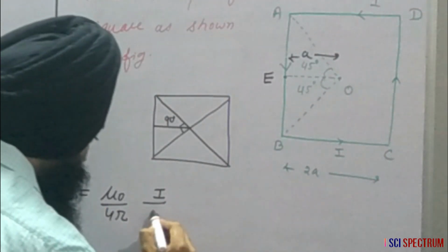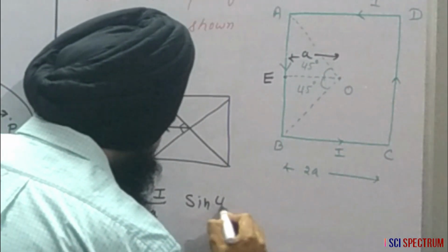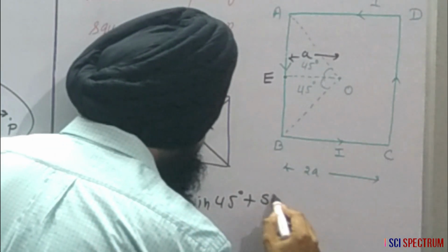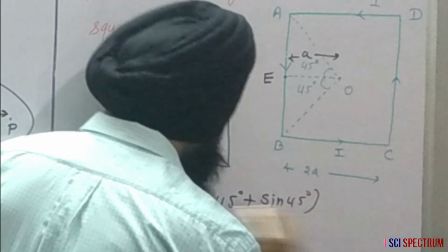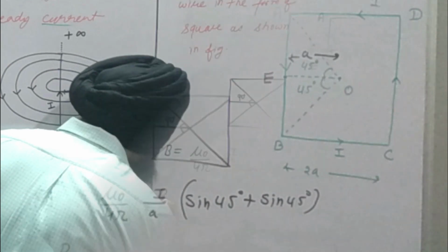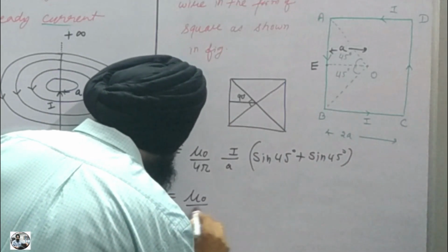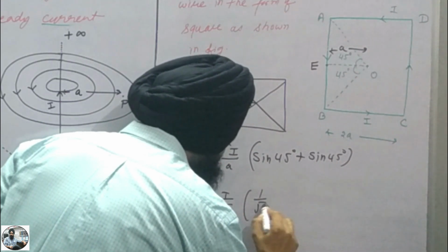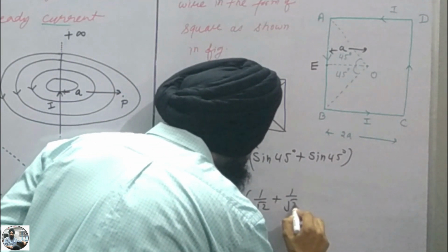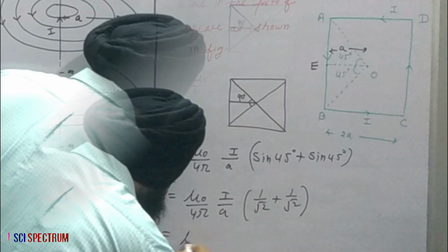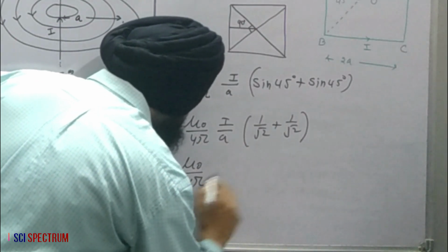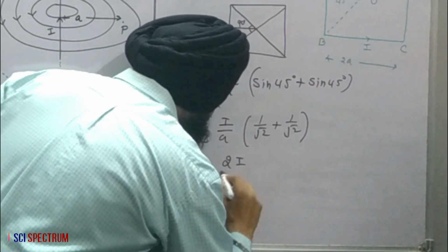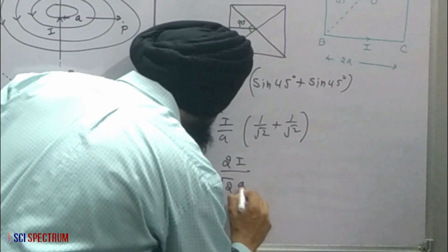So, I upon a, into sine of 45 degrees plus sine of 45 degrees. We know that sine 45 degrees is 1 by root 2, so here 1 by root 2 plus 1 by root 2. The result comes out to be mu naught upon 4 pi, 2I upon root 2 into a.